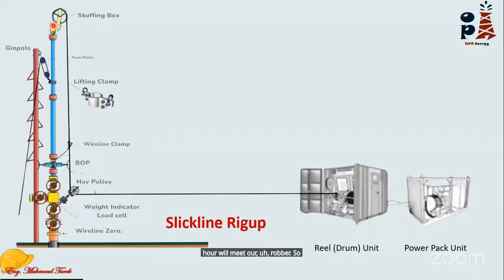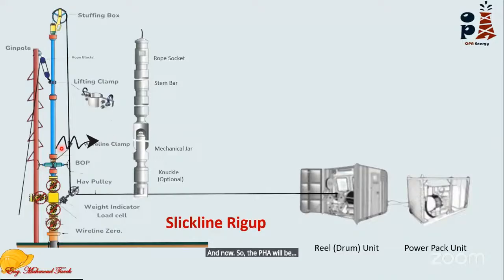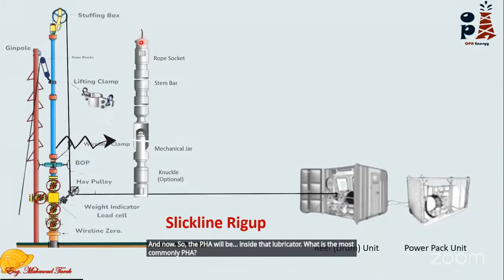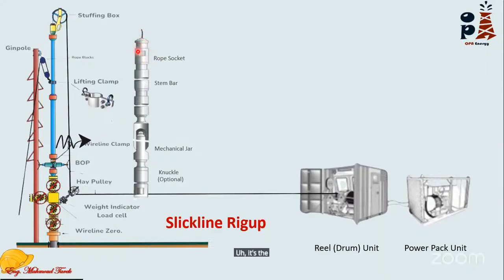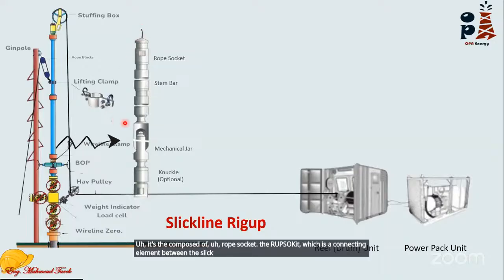So the Slickline will be inserted inside the rubber, and here we connect our BHA. So the BHA will be inside that lubricator. What is the most common BHA? It is composed of a rope socket, which is the connecting element for the Slickline. So this is the BHA inside the lubricator.